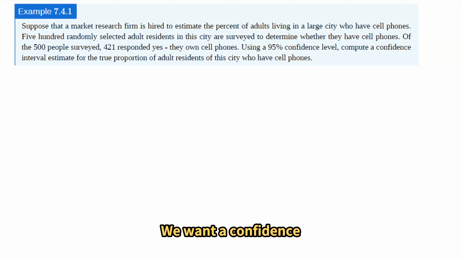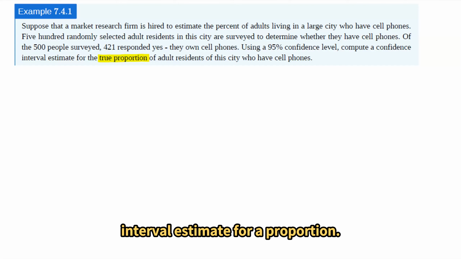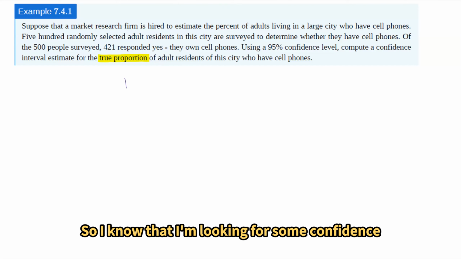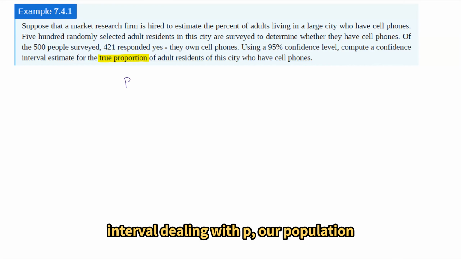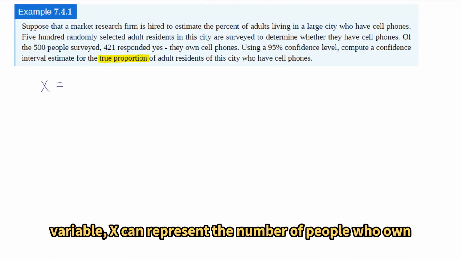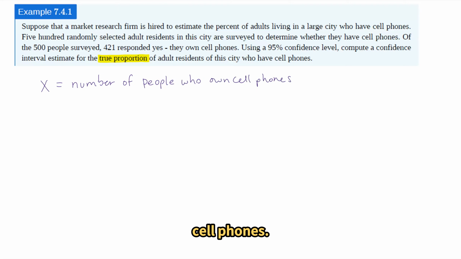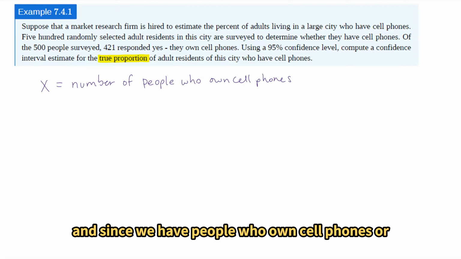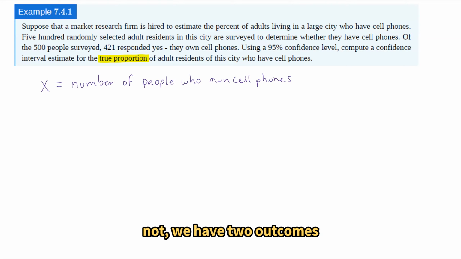We want a confidence interval estimate for a proportion. So I know that I'm looking for some confidence interval dealing with P, our population proportion. For our random variable, X can represent the number of people who own cell phones. And since we have people who own cell phones or not, we have two outcomes, success or failure.